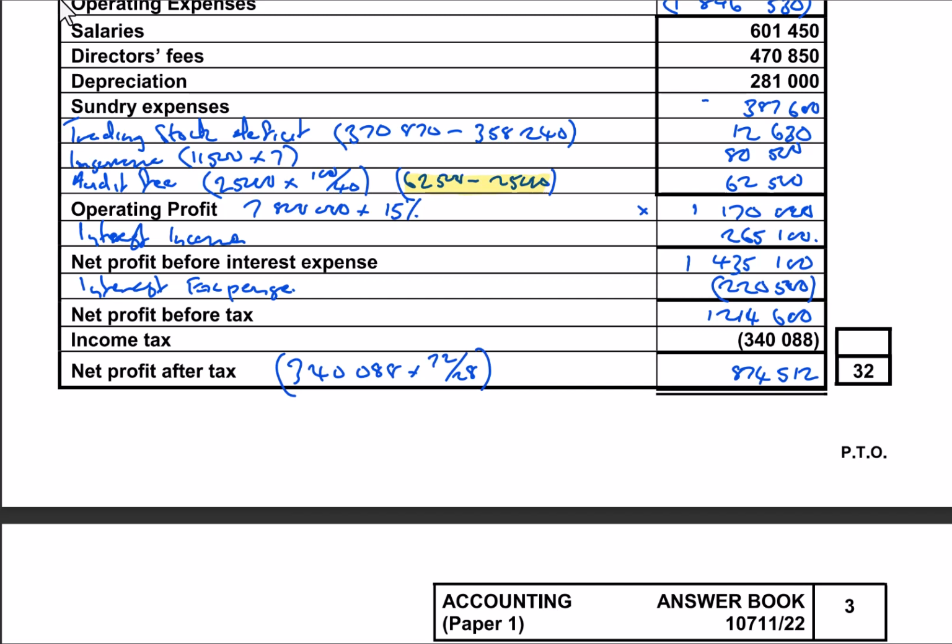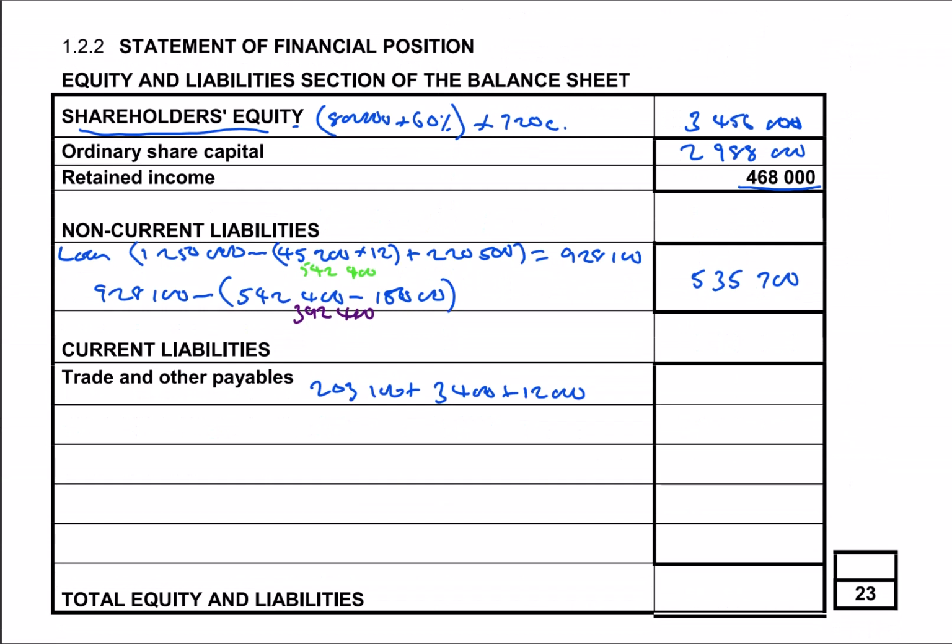Remember we only paid 25,000 and the rest will be paid later, but the total amount to be paid was 62,500. So 62,500 minus 25,000 is 37,500. Then we're done with that.